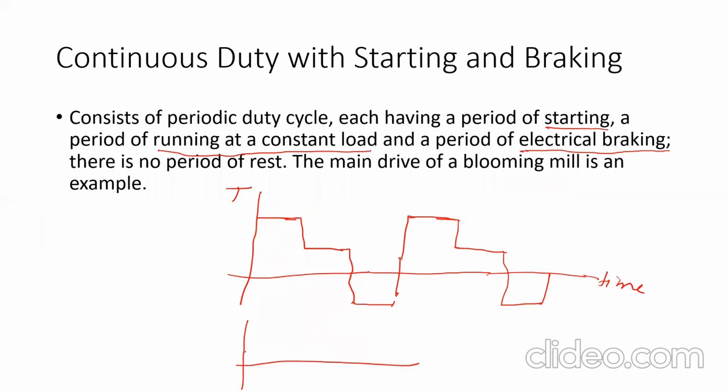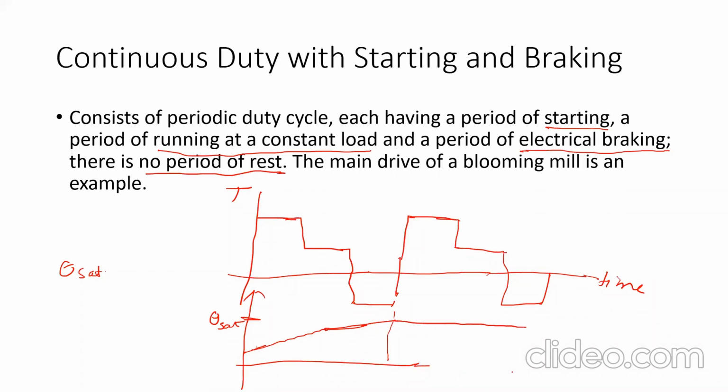The temperature will rise from ambient, increase up to this point, and it may go up to its maximum allowable temperature, as there is no period of rest. It may be theta saturated, the temperature corresponding to the highest value of current, and after that it is going to be constant.